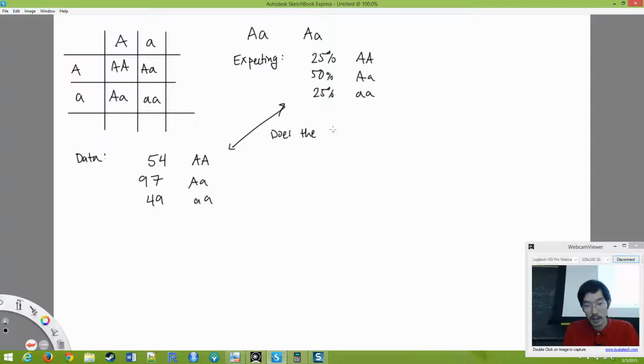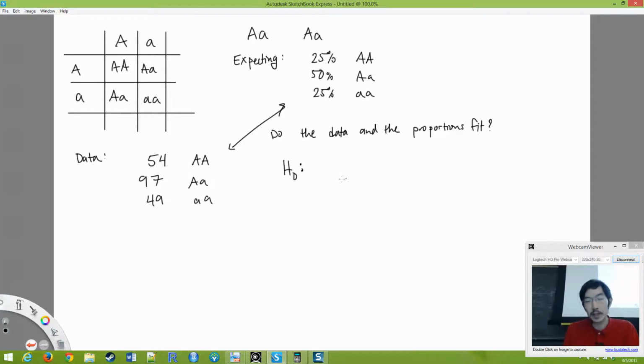Do the data and the proportions fit? That's essentially what we're going for. When we do this, our null hypothesis would be that the proportions we have in mind are correct.